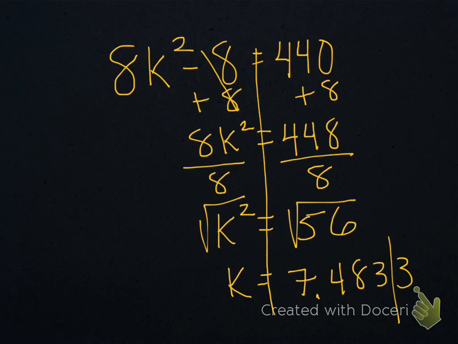But we round it off after the third decimal place, and that 3 is not a 5 or higher. So I'm going to cut it off, and I'm going to do it in another color so you see how important it is. Make sure you write plus minus, because it's both positive 7.483 and negative 7.483.